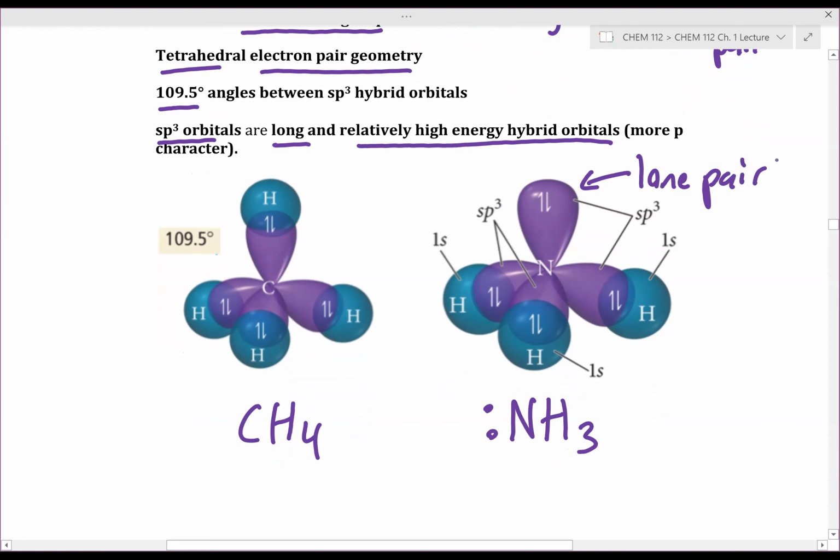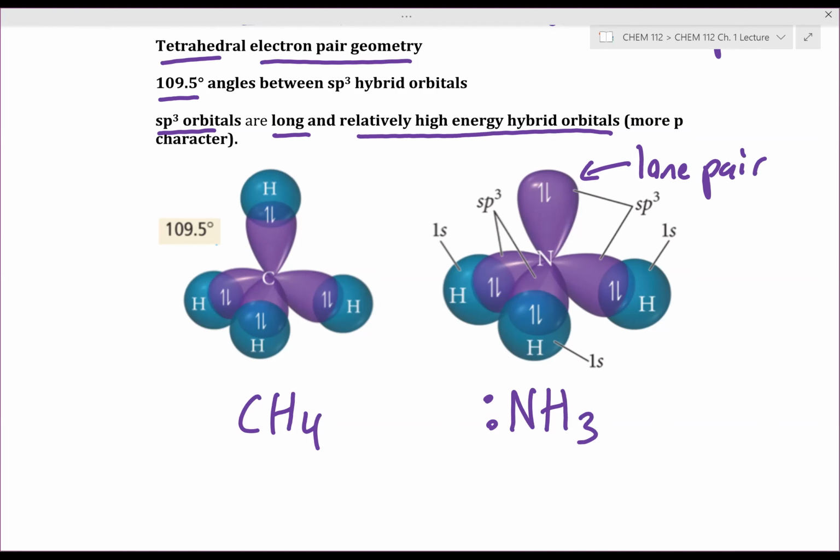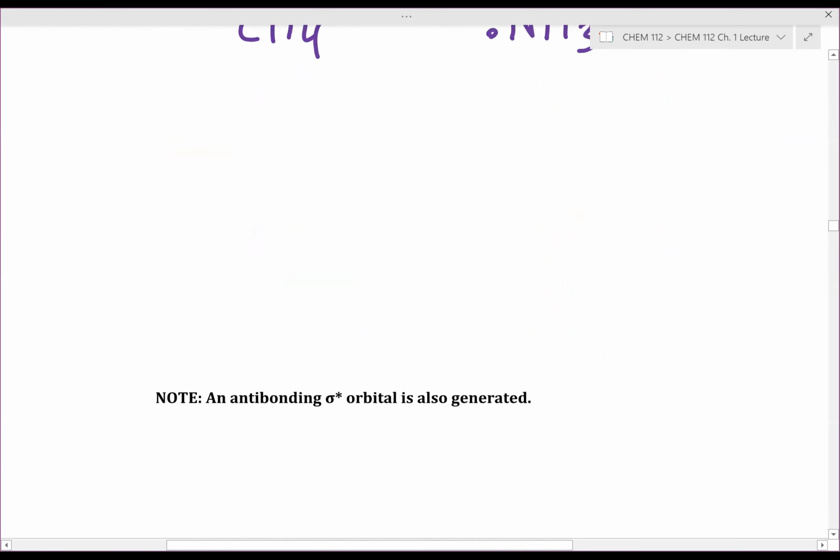And if we're really clever, we can utilize this idea of hybridization, valence bond theory, and MO theory to help explain why there's a lone pair sitting in that hybrid orbital. So that's what we're going to do next as a representative example. And this is going to help explain why nitrogen likes to form 3 bonds and has 1 lone pair. So let's do just that.